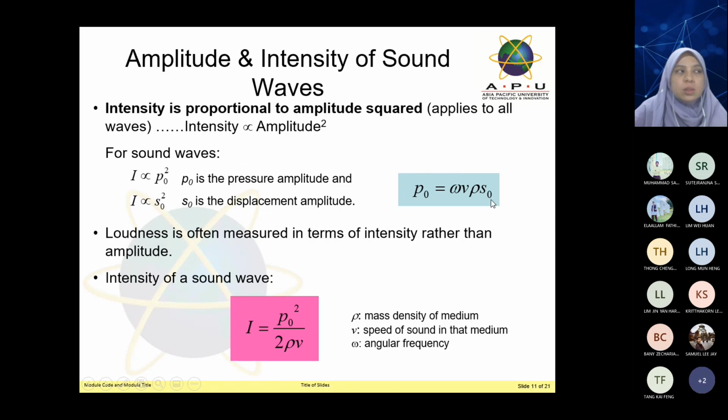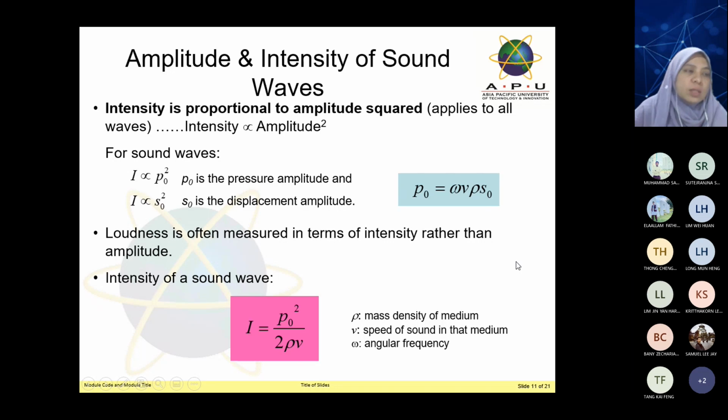Then one more: if they ask you to calculate the displacement amplitude S0, bring S0 to the left side. S0 equal to P0 divided by omega V rho. Okay, so not all formulas can be used. It depends on what information is given.